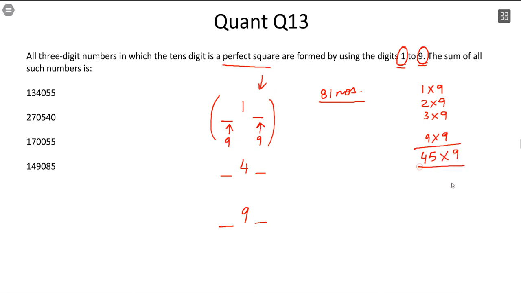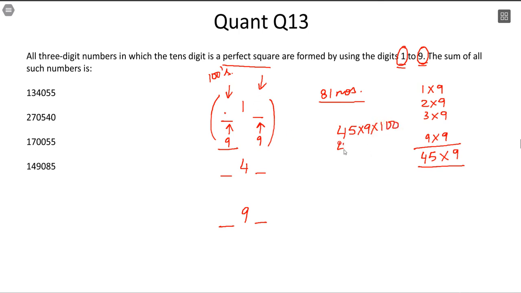45 into 9. Done. Now the same storyline, this 45 into 9, is the same storyline you would get here, just that this place is the hundreds place. So the contribution to the sum from the leading place would be 45 into 9 into 100.